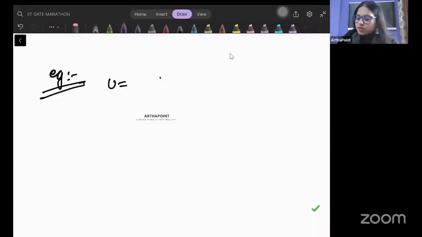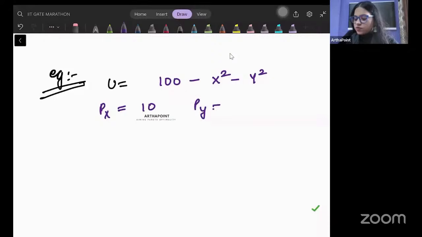Let's say you are given 100 minus x square minus y square. Something like this. They give you the price of good x as 10, price of good y as 10, income of the consumer as 400, and they ask you to calculate x star, y star.